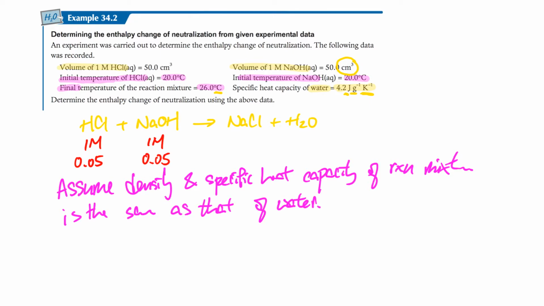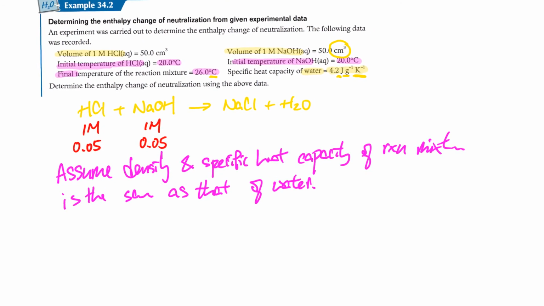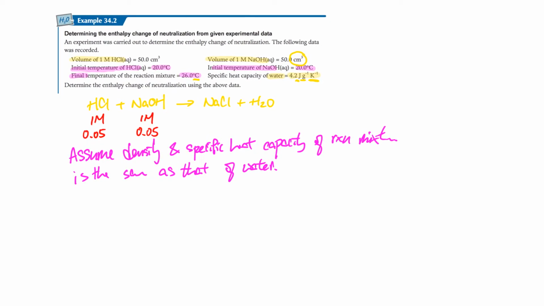By using this statement, then we can continue doing the calculation. So we have the mass of water equals to density, density of water is 1, times the volume.